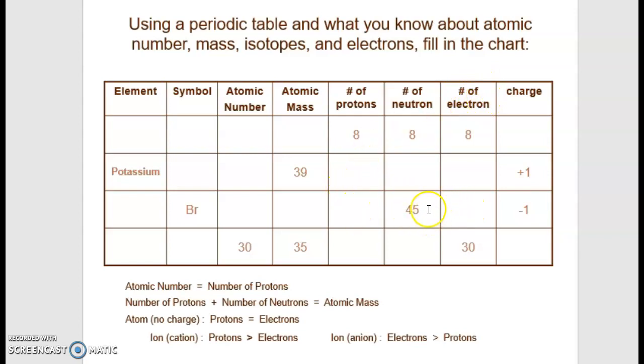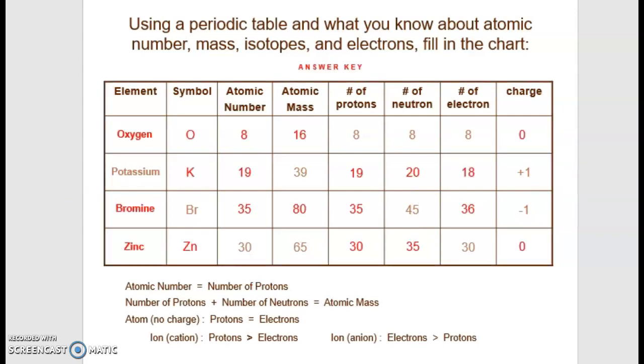So this number of neutrons may or may not match what is on the periodic table. So this is the completed chart. And so you're going to have some practice where you look at the periodic table and you'll be given a chart much like this with some blanks and you have to figure out what number goes there. Just as a reminder, the number of protons and electrons should be the same on these charts.